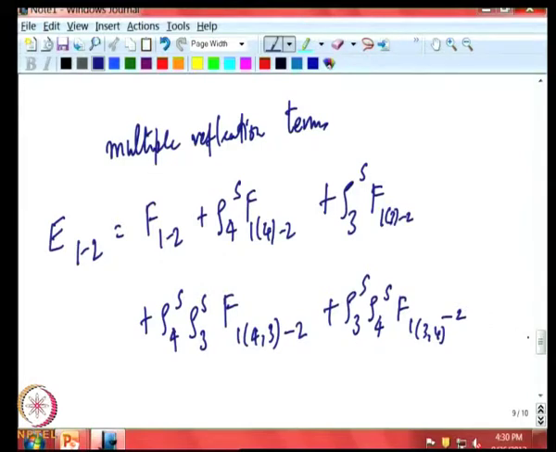So, now we have four terms: the direct radiation, which follows the diffuse emission shape factor, the standard thing we use. Then we have after one reflection in 4, one reflection 3, then we have two reflection 4 and 3 and 3 and 4.